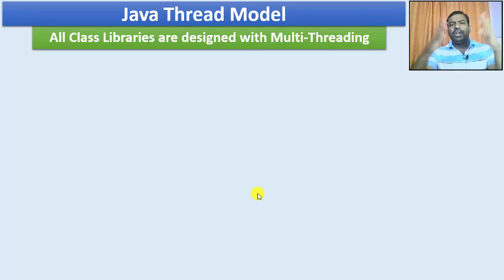You need not activate multi-threading. You need not inherit multi-threading into your program, or include or import anything. As soon as you have a Java program, by default you are in multi-threading. That is why all class libraries of Java are designed to work with multi-threading.